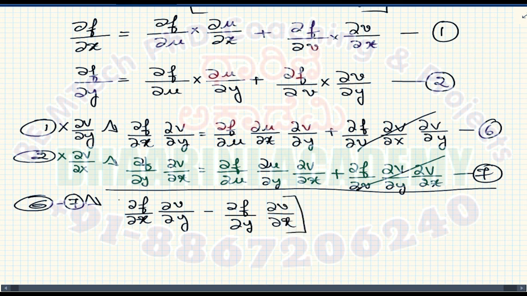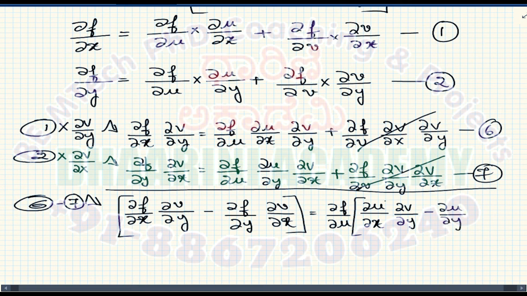It's on the left hand side. This is equal to, I have a common term, ∂f/∂u into, so ∂u/∂x into ∂v/∂y minus ∂u/∂y into ∂v/∂x.